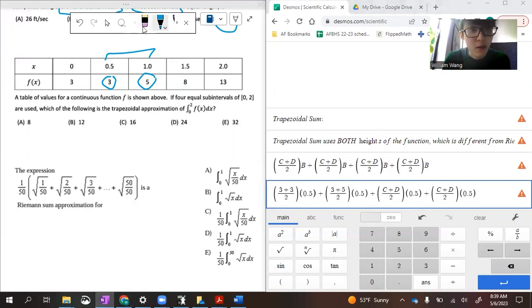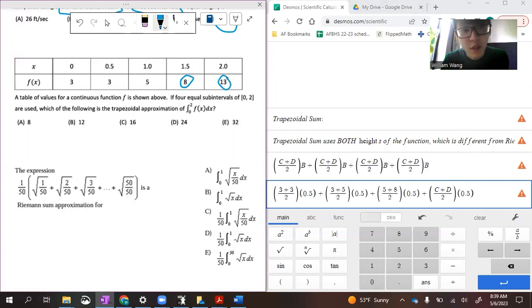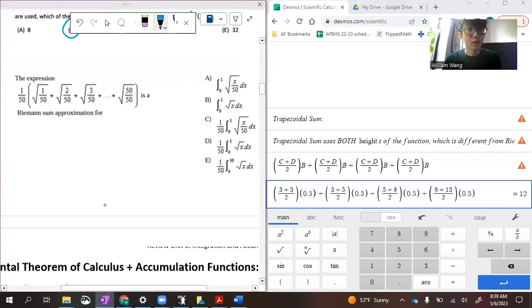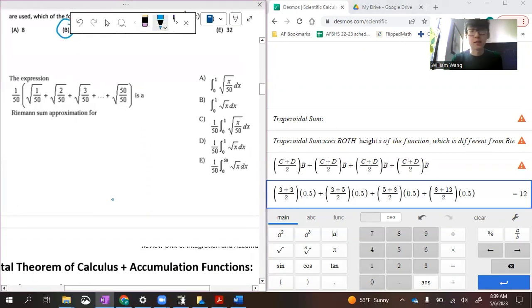Next one would be 5 and 8. Final trapezoid has heights of 8 on the left side and 13 on the right side. So 8 and 13. This should give me my answer choice of 12. So my answer is going to be B. All right, hopefully that makes sense.